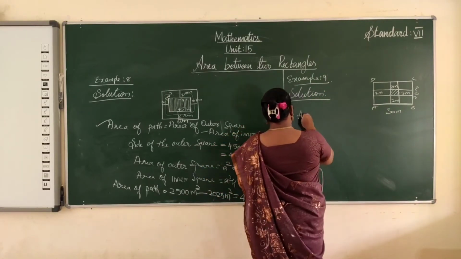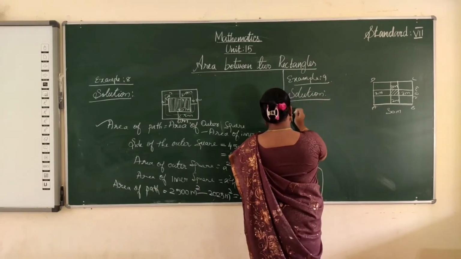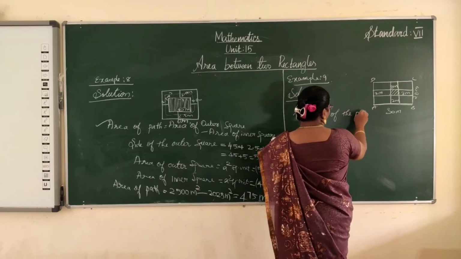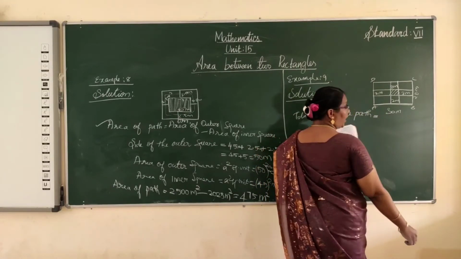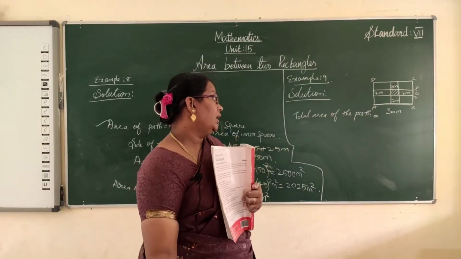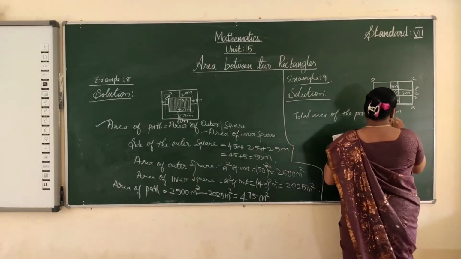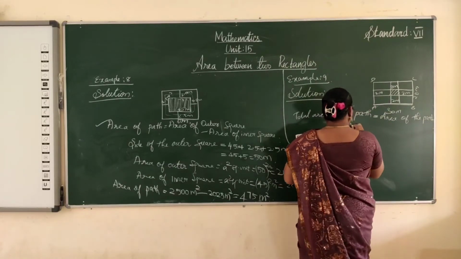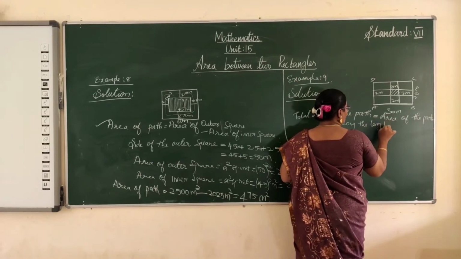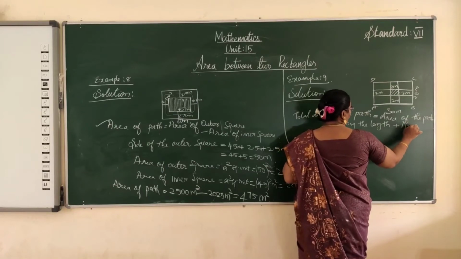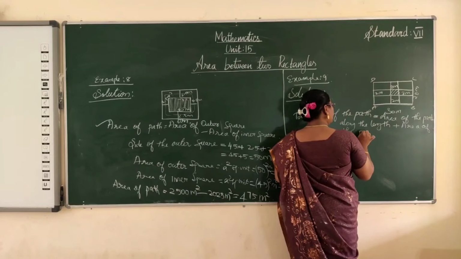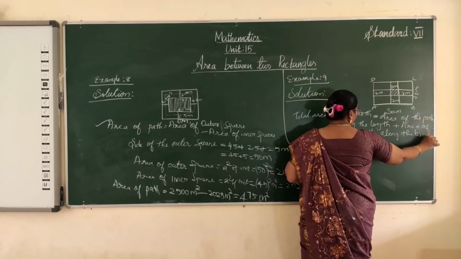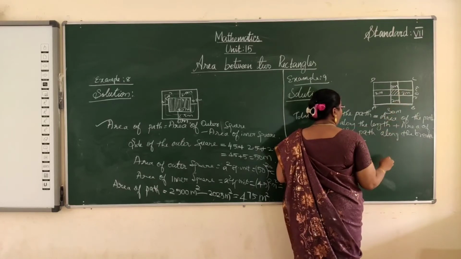What is the formula? Total area of the path is equal to the area of the path along the length plus area of the path along the breadth minus area of this shaded square.